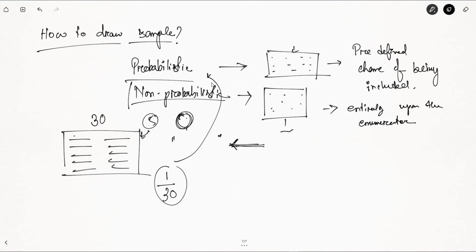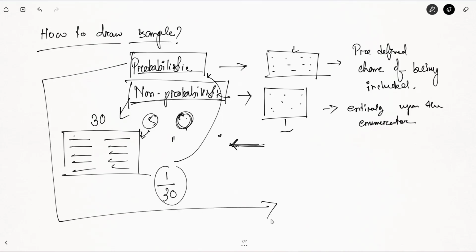So the non-probabilistic method is when you apply your pre-knowledge about the population in selecting the sample. And in the probabilistic method, every individual has some predefined chance of being included. So these are the ways we select samples.